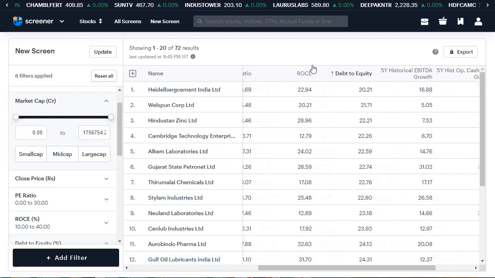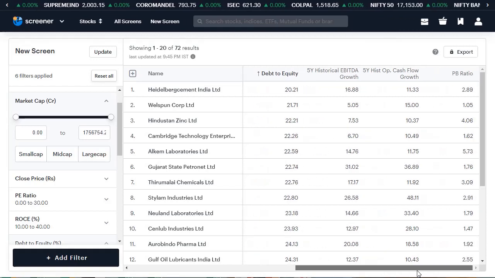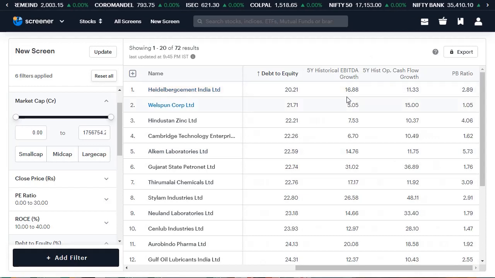The next is the ROCE. ROCE of 23% is a wonderful return generated by the company on the overall capital that it has. So again, this gives a buy selection for this stock. The third parameter is the debt to equity ratio, which is 20%, which is also fine. The next is the 5-year historical EBITDA growth, 17%, which is another wonderful sign for the company.